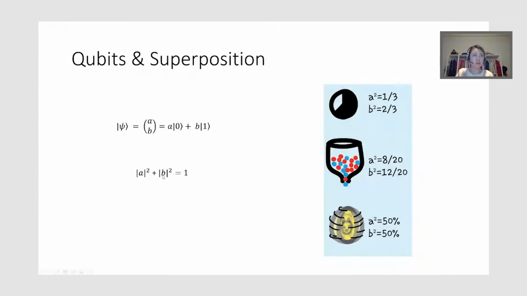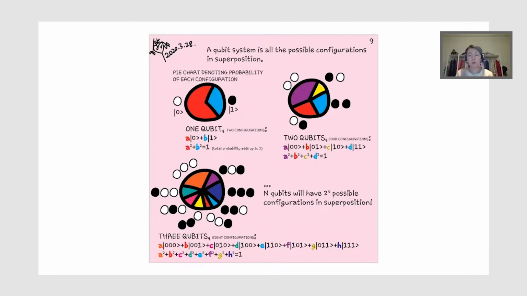So this amplitude squared means the probability of each state. When you have multiple states, you just add all of them up. That's why it's called superposition, which is also a linear combination of these different states. Each of them has an amplitude, and you square them and add up to 1.